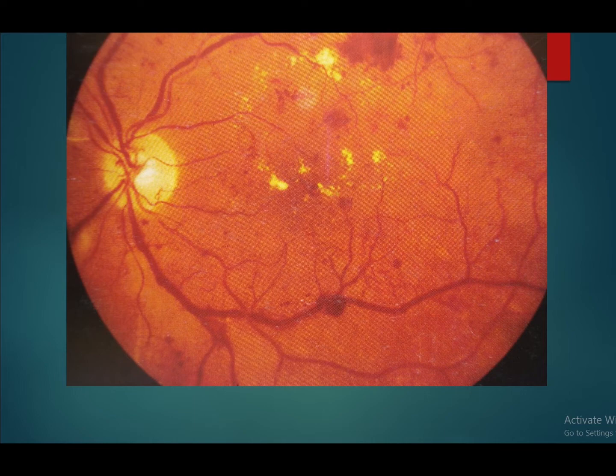If you have 2 or more changes, say more than 20 hemorrhages in 4 quadrants and venous beading in 2 quadrants, then it is very severe non-proliferative diabetic retinopathy. Or if you have IRMA in 1 quadrant and venous beading in 2 quadrants, again it is very severe.